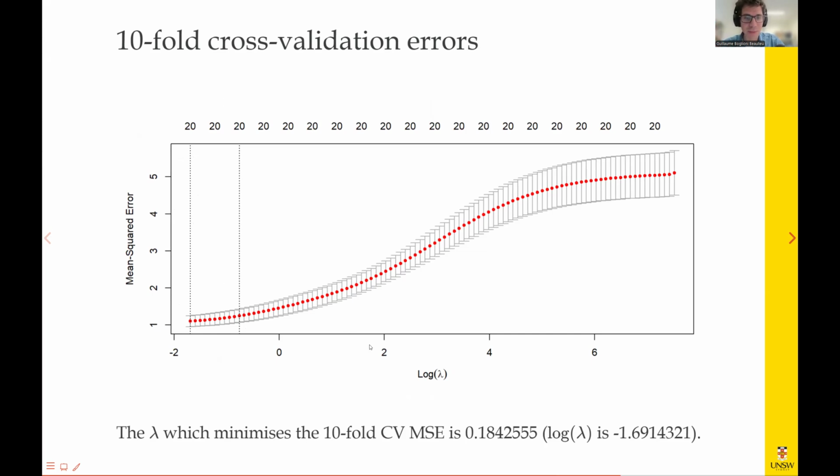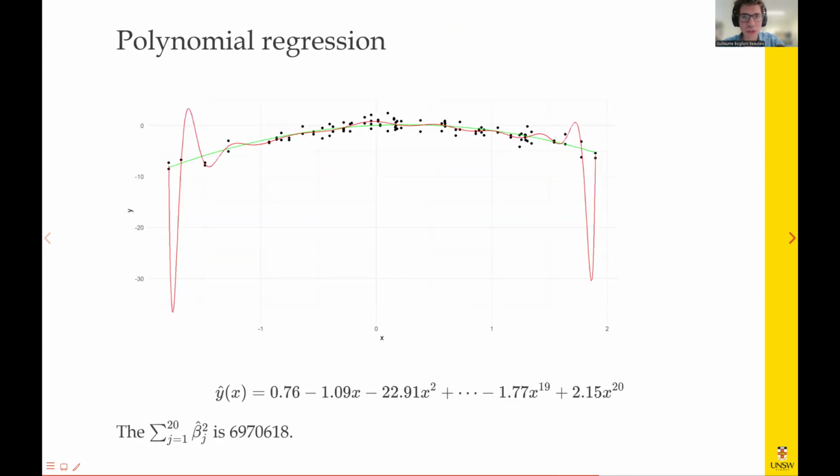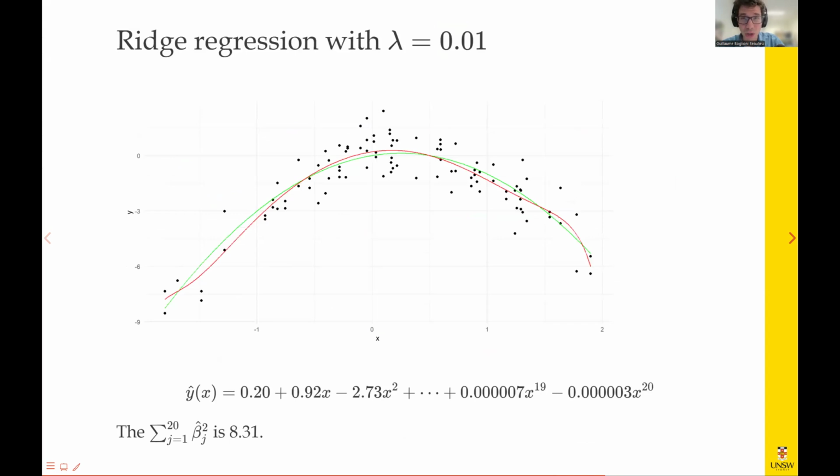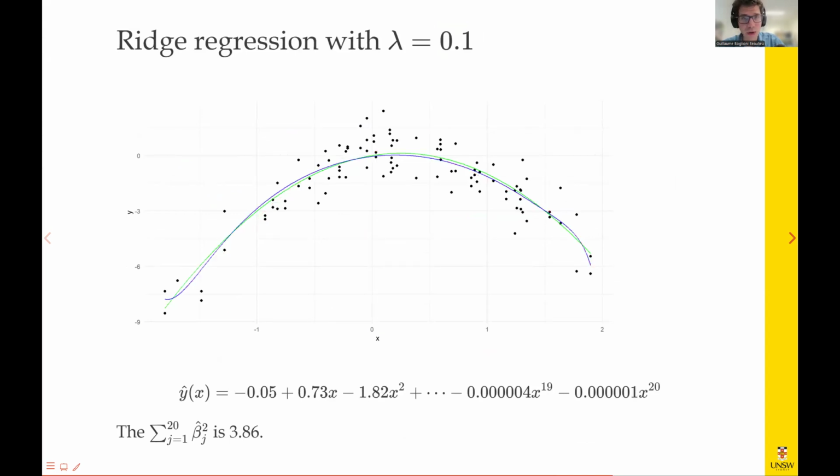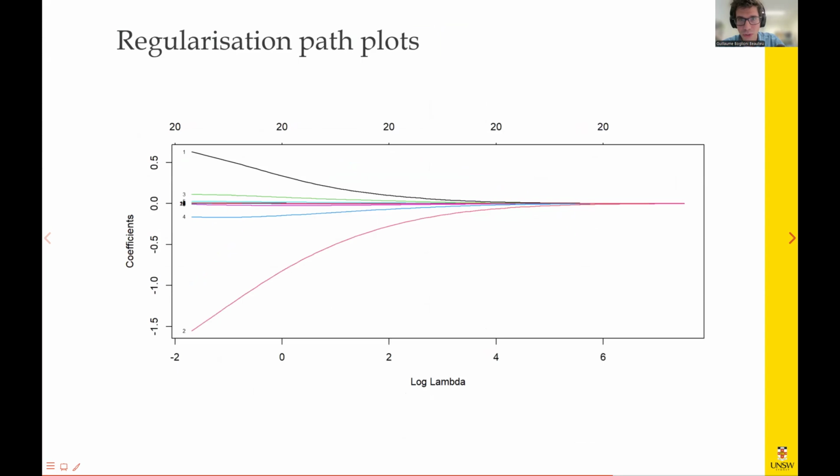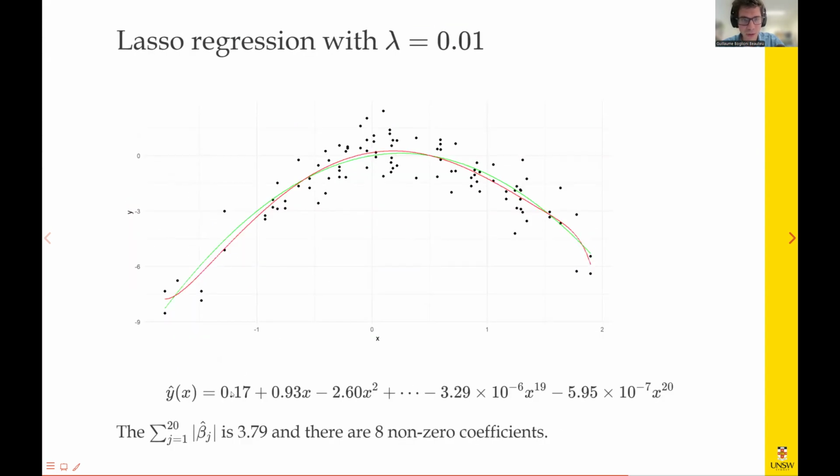But in this specific example, it looks like the best cross-validated mean squared error is obtained for a small value of lambda, which matches what we saw here, the same synthetic data set. It looks like 0.01 is already very good. Maybe 0.1 is a bit better, but then it gets worse.